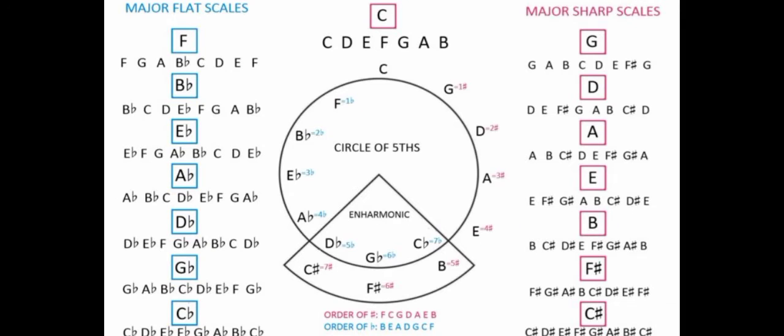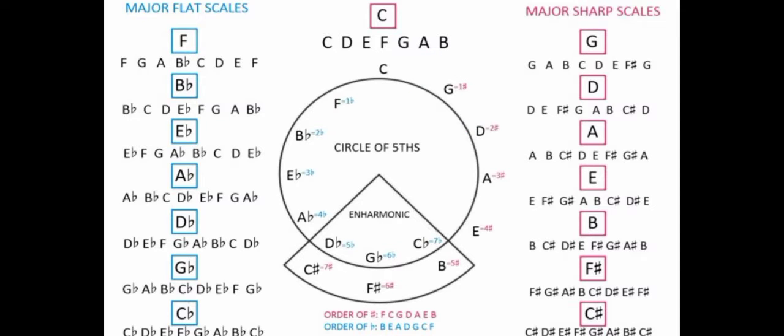And we have C, D, E, F, G, A, B. So we want to find the next letter that will follow the C major on the circle of fifths, and that is G. Let me show you how to find G.